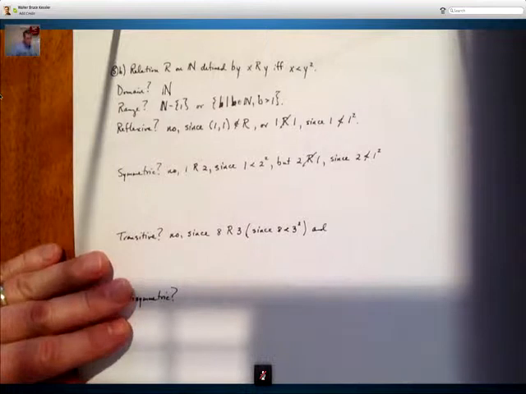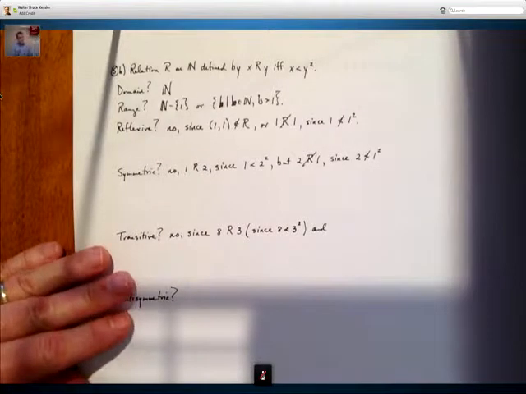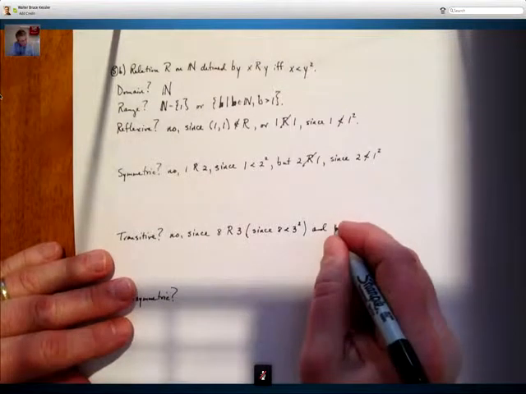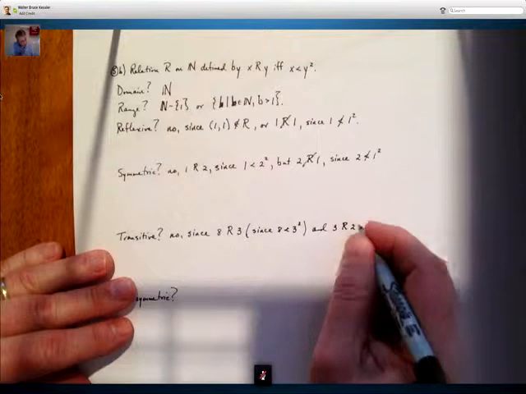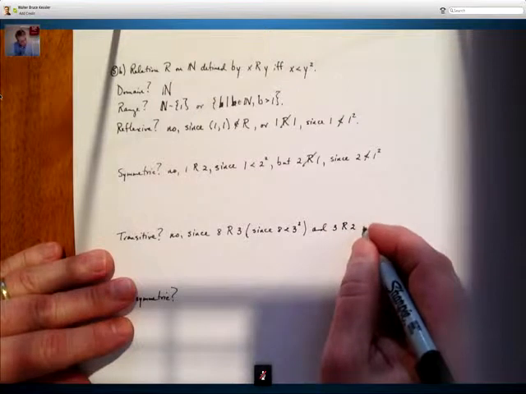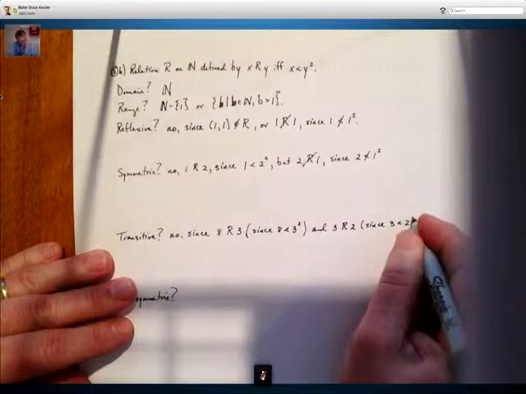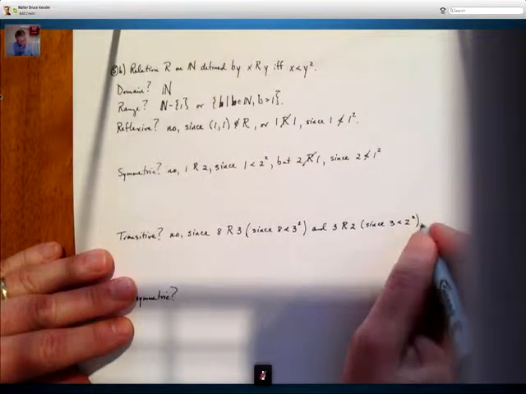And now let's look at 3. 3 is actually related to 2, right? Since 3 is less than 2 squared.